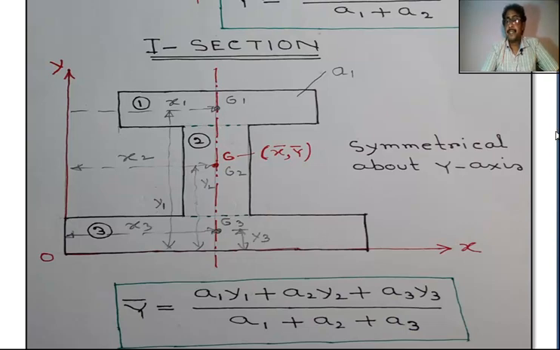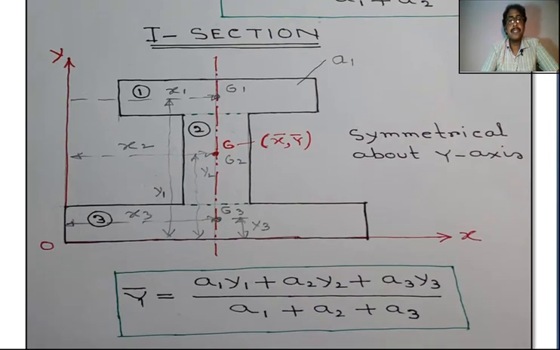This is the I section. This is the top flange. This is the web. This is the bottom flange.